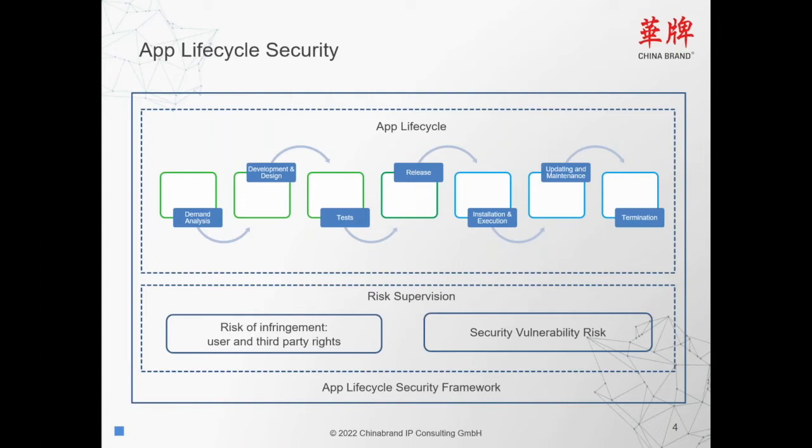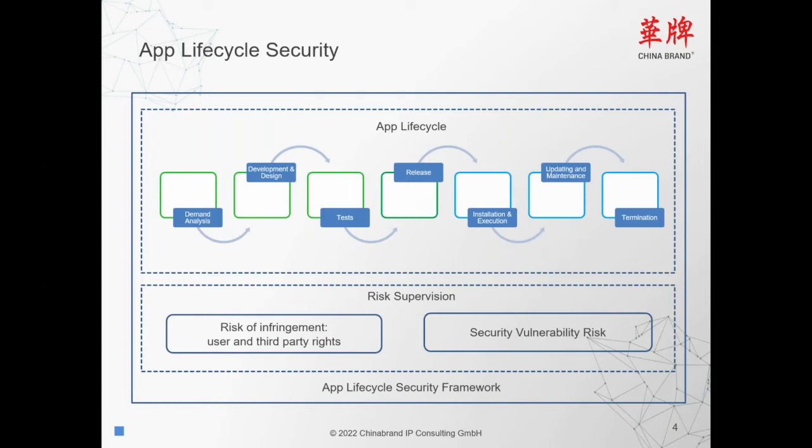The first section begins with the demand analysis, then development and design in the second step, and testing in a third step, which is the last one before the release and publication on an app store. The second section consists of the installation and execution, as well as updating and maintenance.